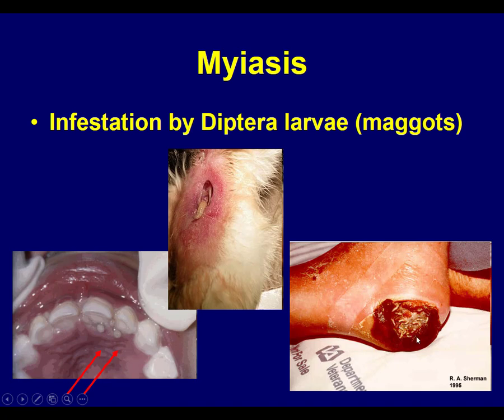Now, the reason why I wanted to bring this up is, even though this looks super gross, the trip here is that maggots and myiasis are sometimes used in medical procedures where they actually help clean open wounds.